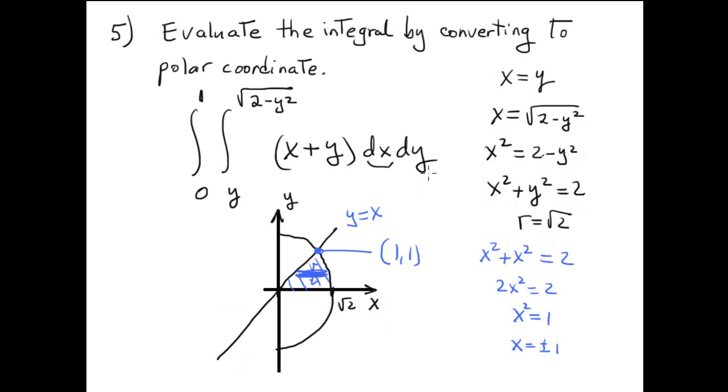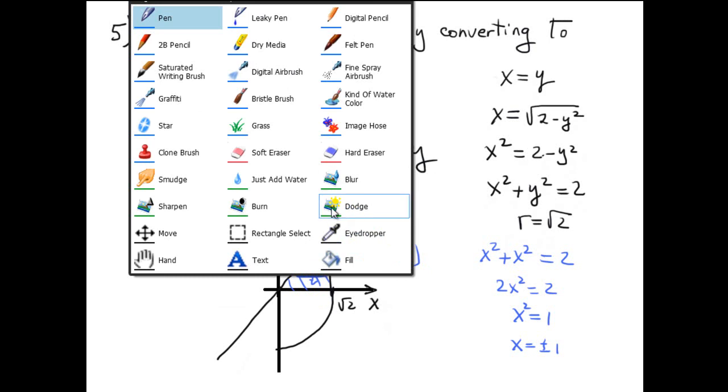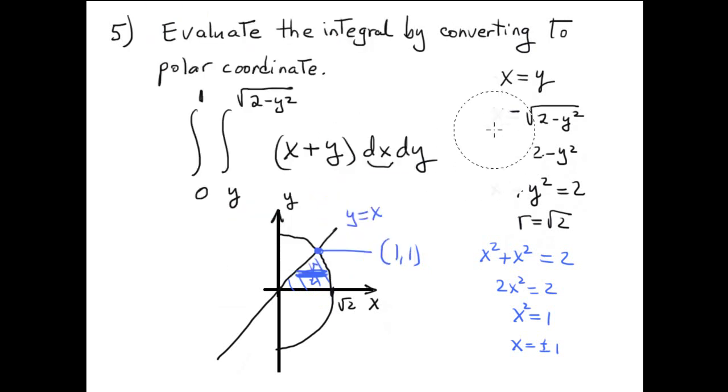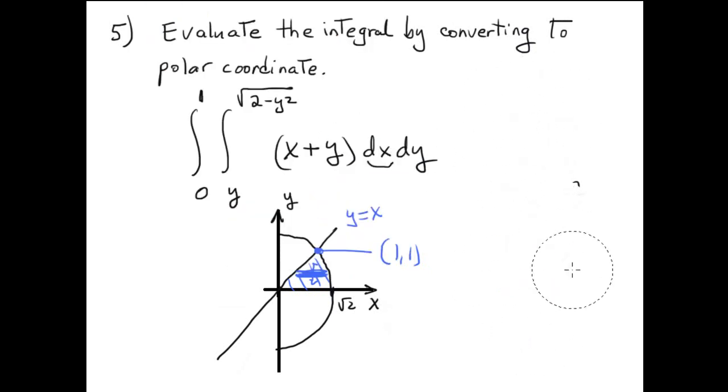Okay, someone sets up this integral. My goal is to convert to polar. Conversion to polar now. When you convert to a double integral in polar, the integrand is x plus y.